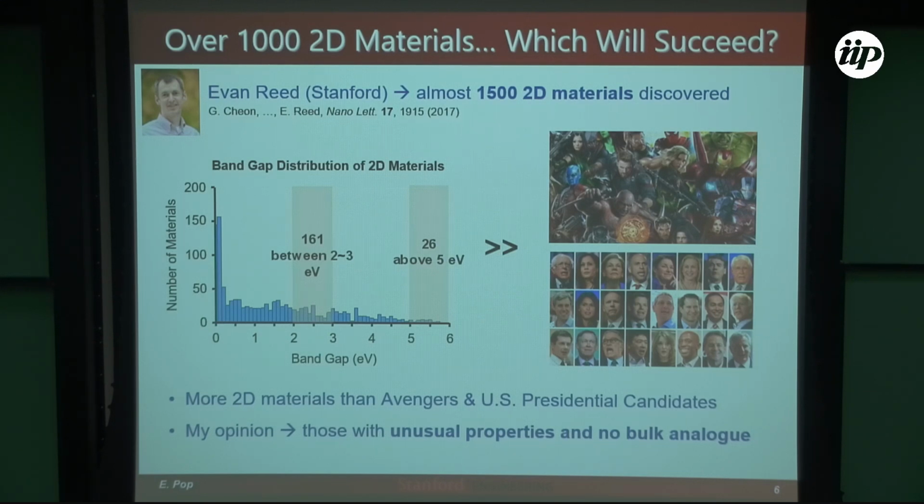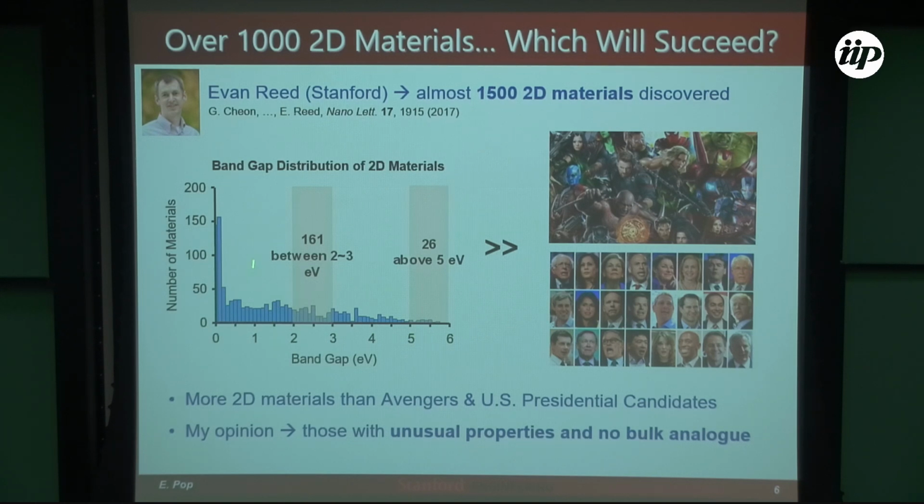Now, I have a colleague at Stanford whose name is Evan Reed. Evan Reed is a computational guy, and one of the things that he does is he uses machine learning, which apparently everybody does except for me, to discover new 2D materials, among other things. He published this paper very recently in Nano Letters, and I think since then he's updated it, and he says that there's over 1,000 2D materials available. So this is not just graphene, not just MoS2, not just black phosphorus. Evan and his students have rated these by the band gap.